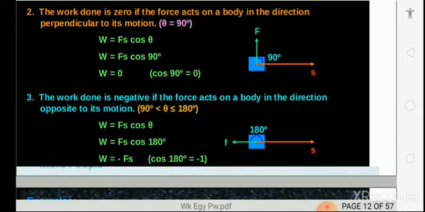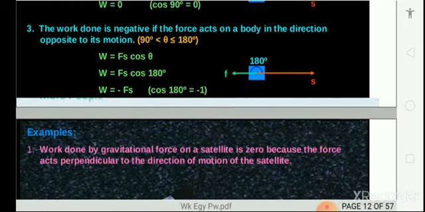Between 90 and 180, it can be negative. Work done is negative if the force acting on the body is in the direction opposite to the motion. It can stop the body, or push it in a backward direction or another direction, depending on the angle and force.